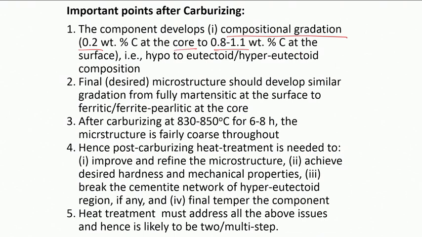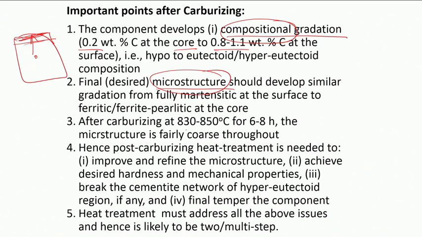From the core to the surface, particularly at the top layer, we have a gradation of composition. We also desire a gradation of microstructure, because we want full martensitic on the top surface and certainly fine pearlitic at the core, so that we maintain very high toughness at the core and very high wear resistance at the surface. So both compositional gradation and microstructural gradation are desired.